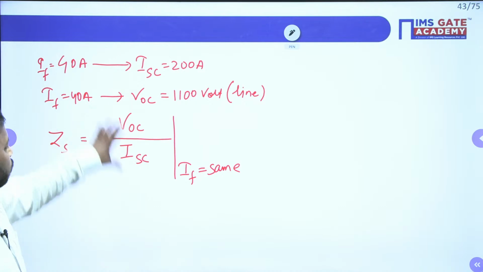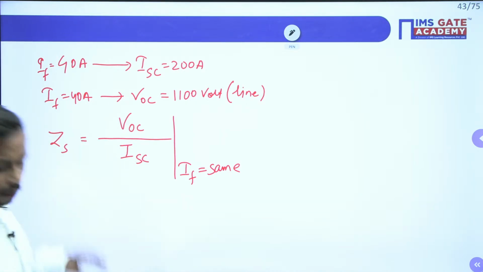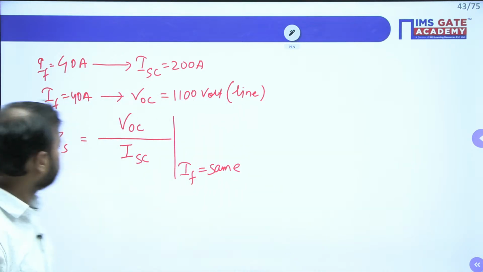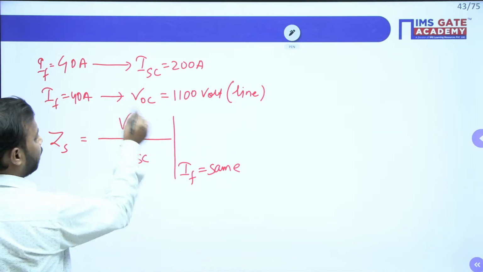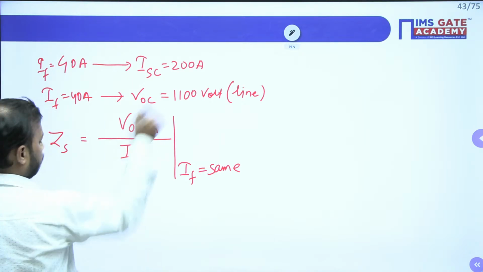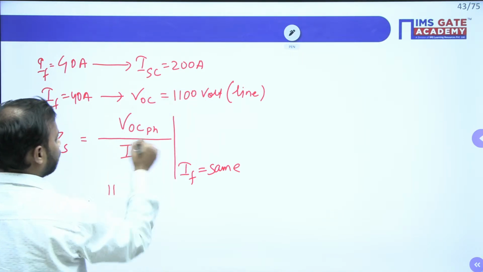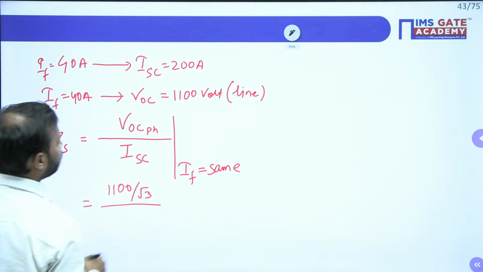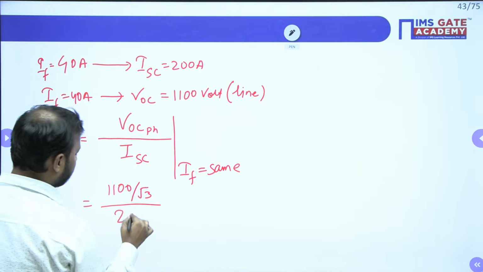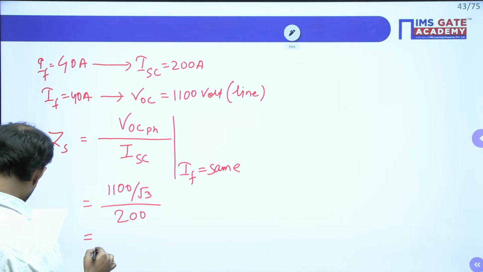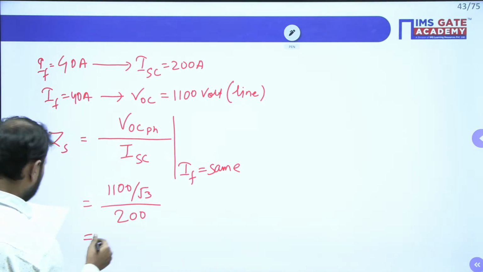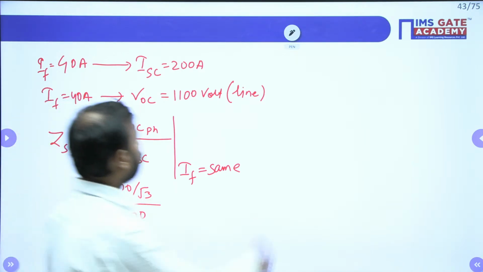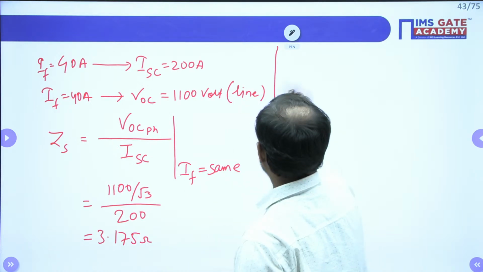So this ratio will give you the synchronous impedance. We have VOC, but this is per phase. Since this is a star connection and this is a line voltage, the per phase voltage will be 1100 by root 3. ISC is given as 200. So from here ZS, let me write it directly, is 3.175. You can also check that.